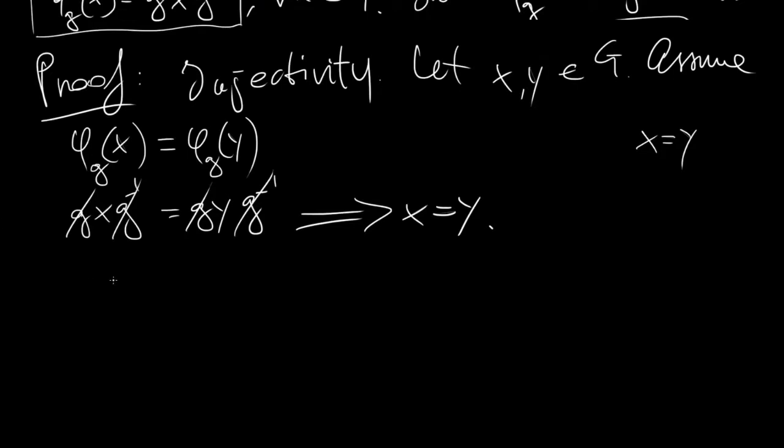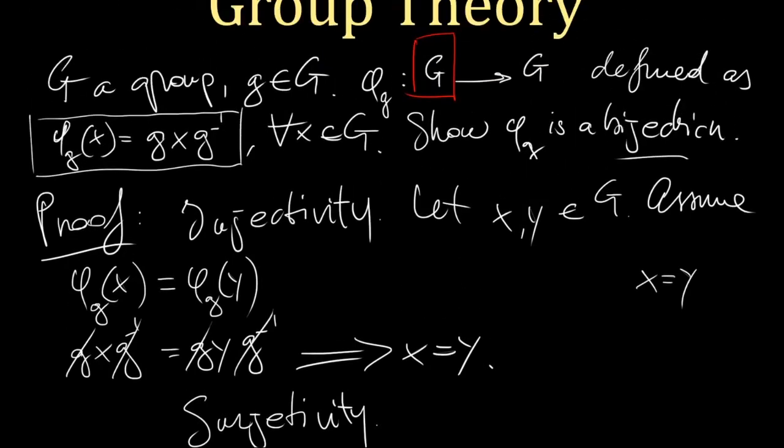Now let's prove surjectivity. What do we have to prove? We have to prove that for each element of the codomain, there exists an element in the domain such that the function little phi of g of that element is the element I picked of the codomain.